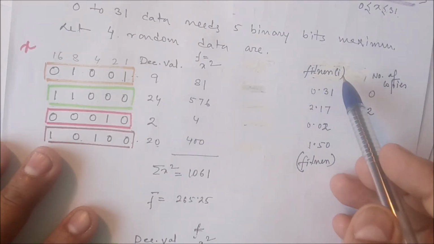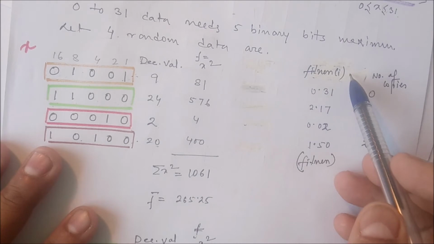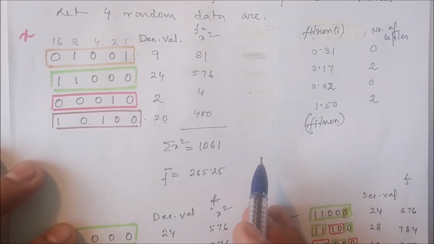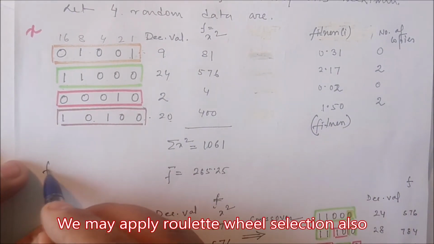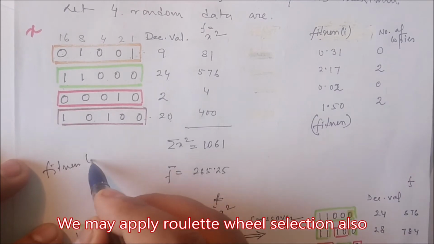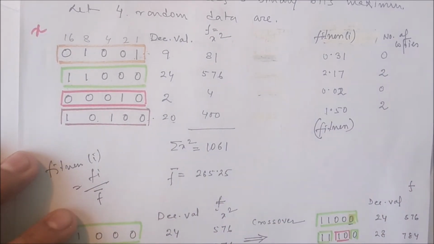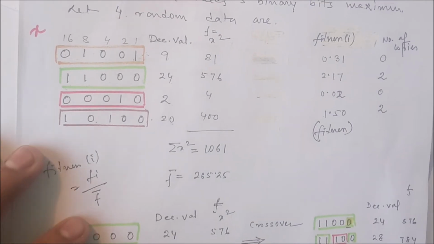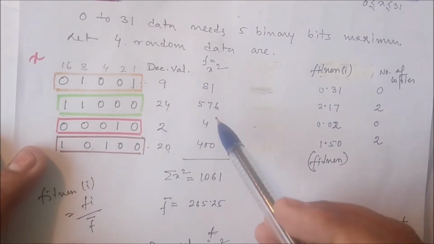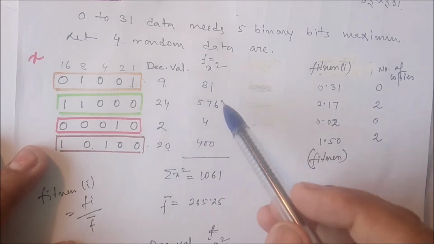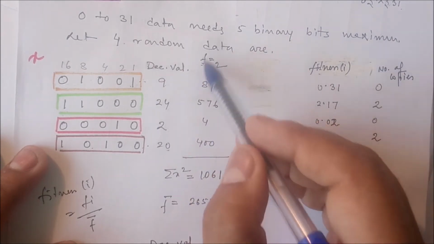Now here we calculate the fitness. To know the fitness, we have to apply the formula: fitness i is equal to f i by f bar. So how to do this? x square is f, this is the fitness.